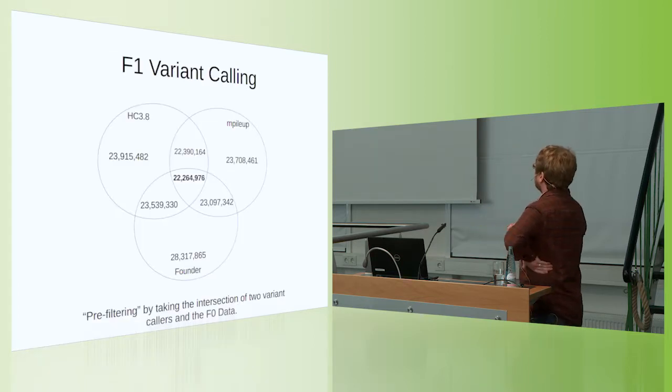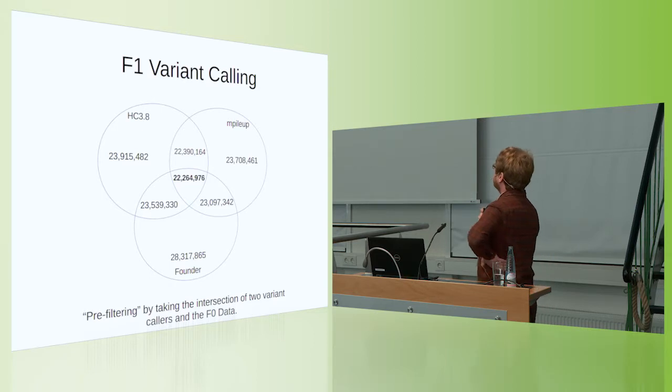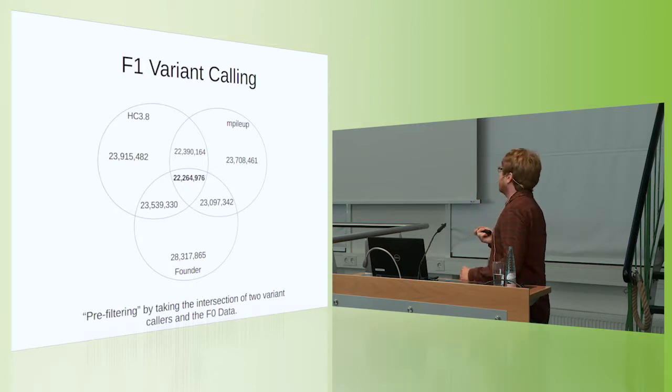For the F1 variant calling, like I said, I used a joint pipeline of haplotype caller and mpileup to improve the calling on this low coverage data. So in the end, we took the intersection of what came out of the haplotype caller, the mpileup, and what's in the founder population.